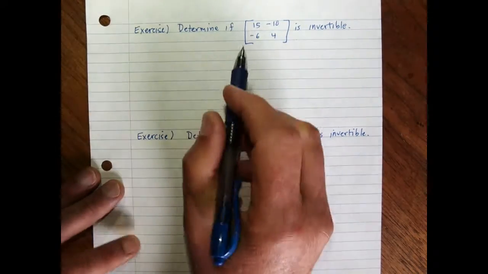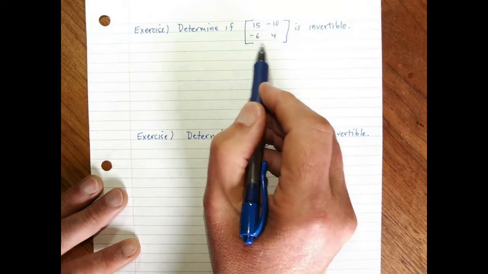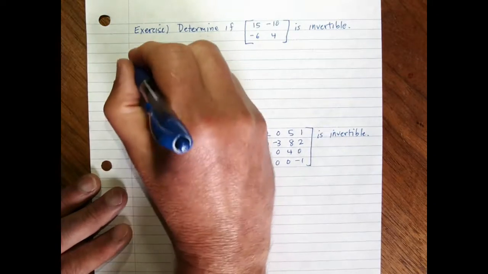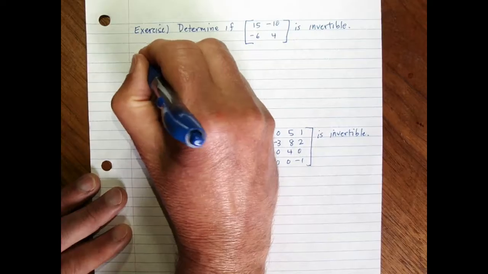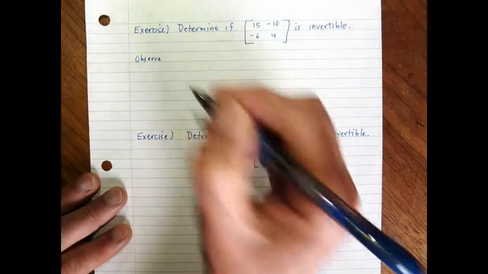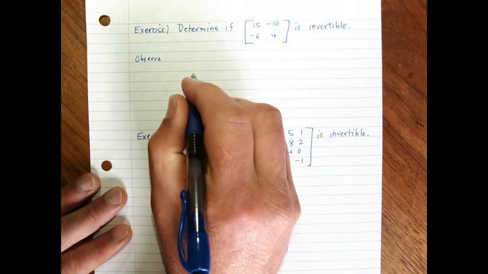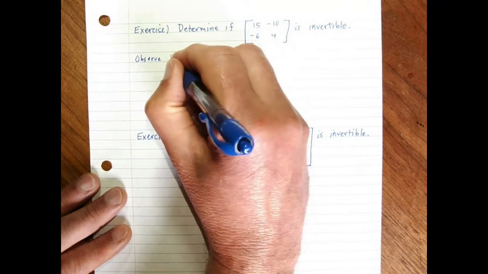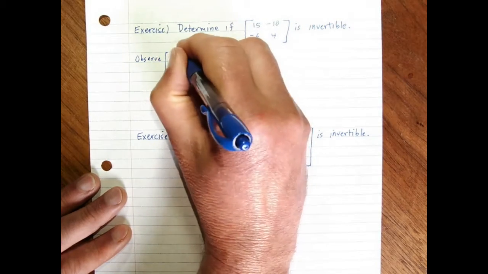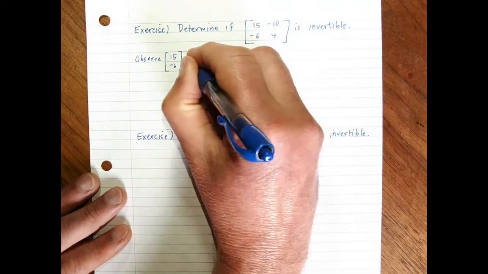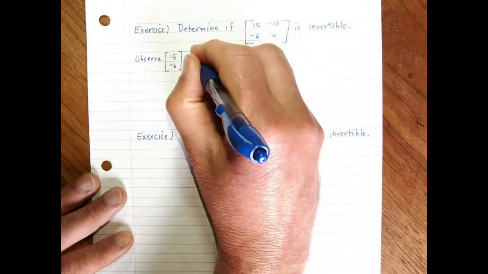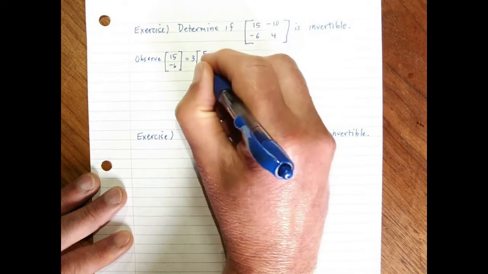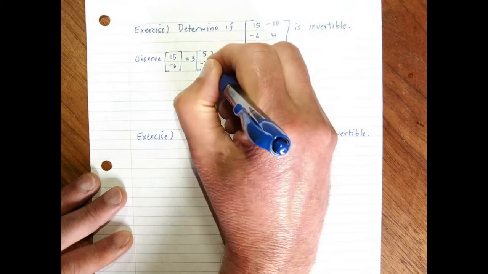And so I have a 2 by 2 matrix here. I want to determine if it's invertible. And what I'm going to do is just observe here now. This isn't always going to be true, but notice that if I look at the columns separately here, 15, -6, that's a scalar multiple of 3 times 5, -2.